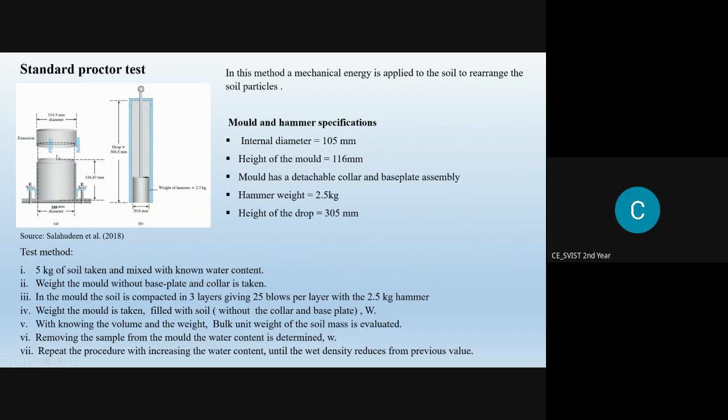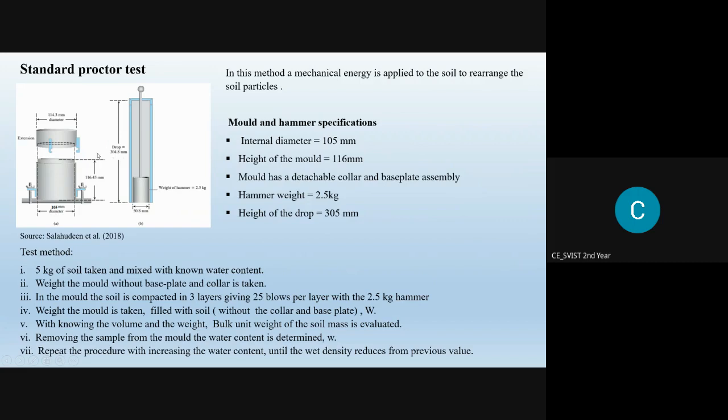One thing I should mention: you have given 75 blows, so you measure the total weight. After taking the weight, the same process will be repeated until this total weight is lesser than the previous weight.